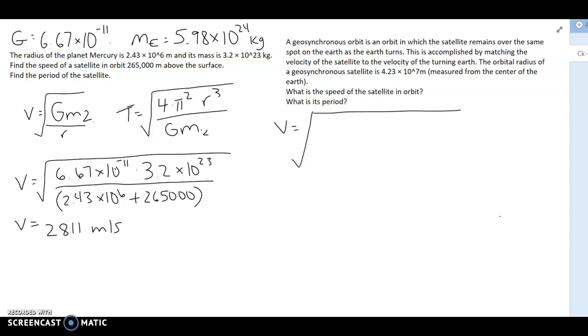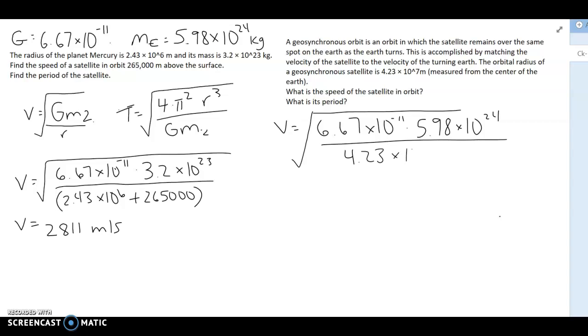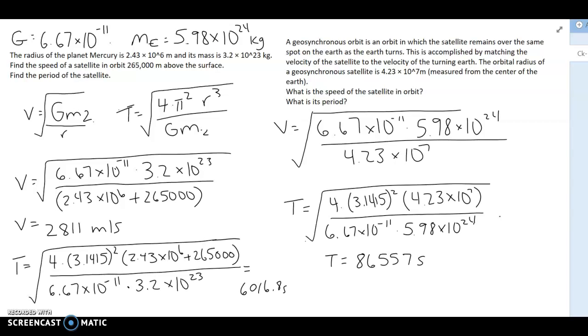Over here, you've got g, 6.67 times 10 to the negative 11th, times the mass of the Earth, 5.98 times 10 to the 24th, all over our radius, which is 4.23 times 10 to the 7th.